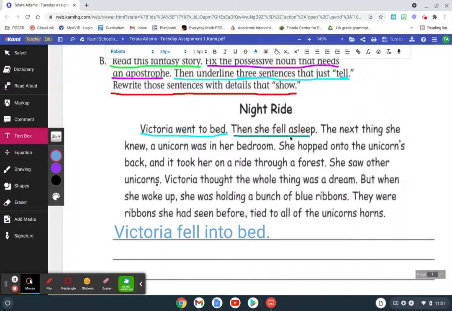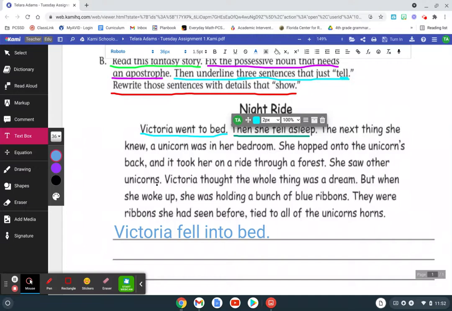You have two more sentences that are underlined. Then she fell asleep, and another sentence that you chose. Rewrite this sentence with details that show. Don't just say she fell asleep. Did she fall asleep quickly? Was she snoring?